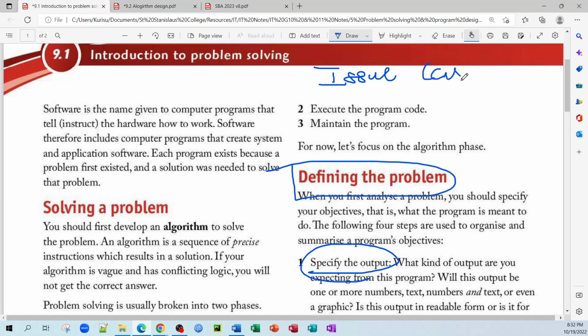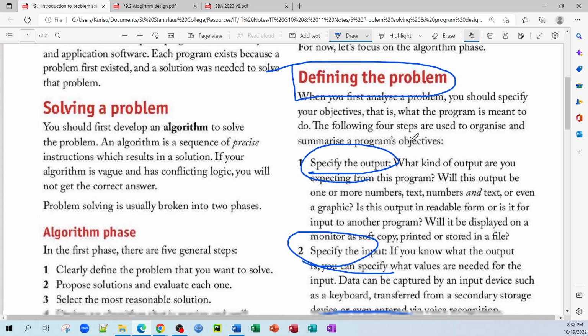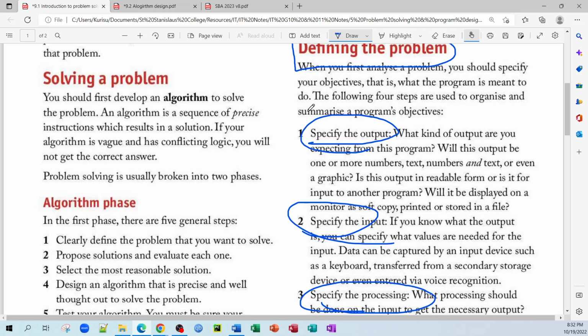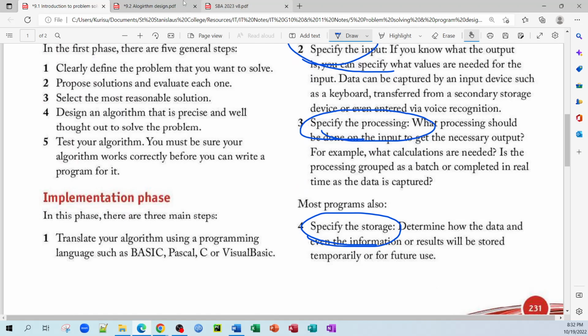What caused the issue? And what are the effects of the issue? All this information would have been given to you already, and you're supposed to start the problem definition for your programming SBA. So 2 things you actually have to start, or you're supposed to have already done for your SBA.